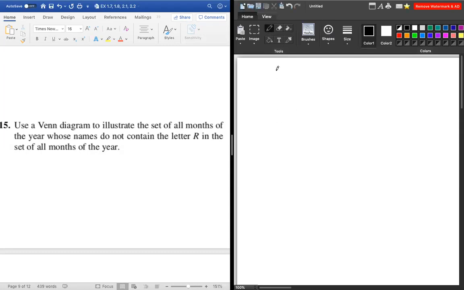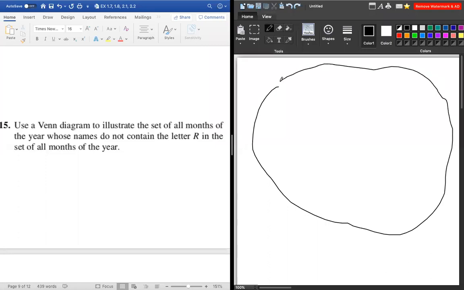Okay. So here, this is a set. Let's maybe make a bigger set because we might have to include a lot. So this is the set of all months, right?